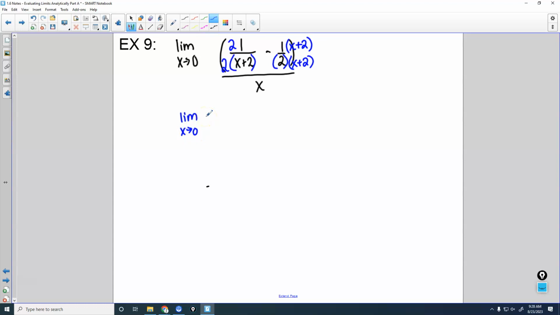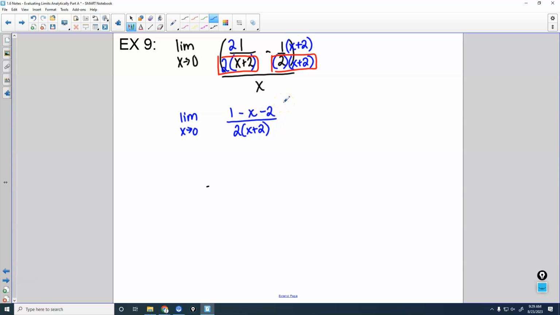Okay, so whenever I put this all together, now my denominators right here are the same, so I can just write that one time. And then in the top, I'm going to have 1 minus x minus 2.